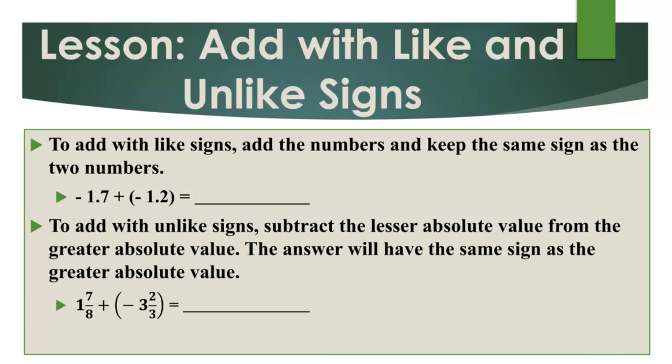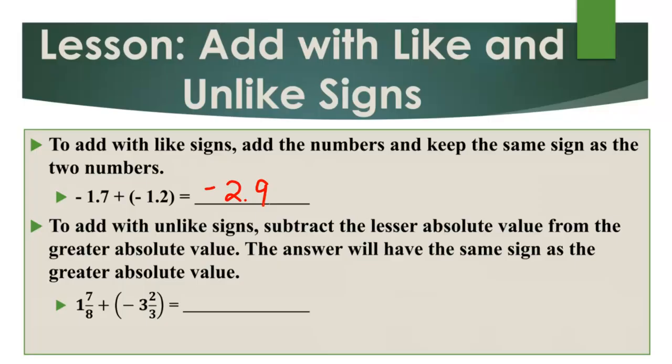If the two numbers are positive, you're just adding the numbers and your answer is positive. So I have negative 1.7 and negative 1.2. We just did that. We said that was a negative 2.9. So a lot of this, just don't make it too complicated.